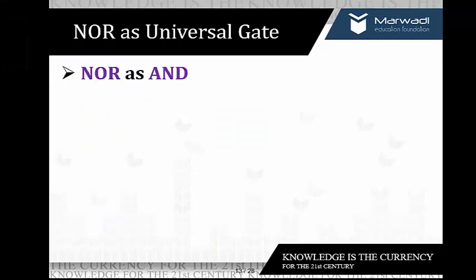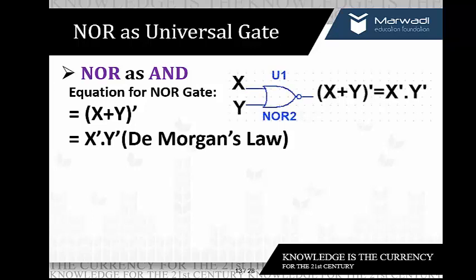Our next portion is NOR as AND gate. The equation for NOR gate is (x plus y) whole complement, and on application of De Morgan's law, we would be getting x complement dot y complement.